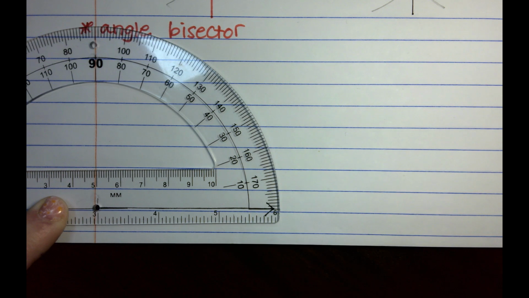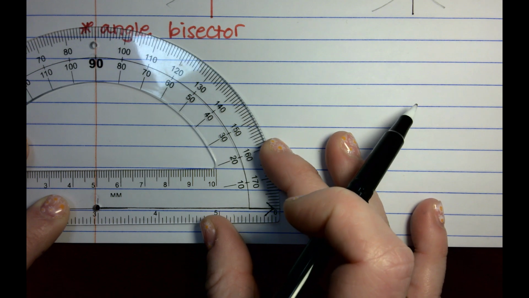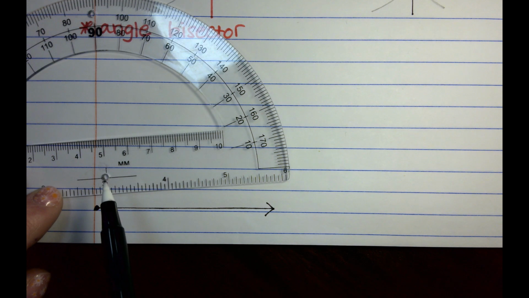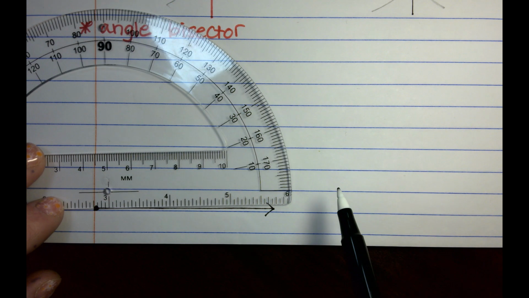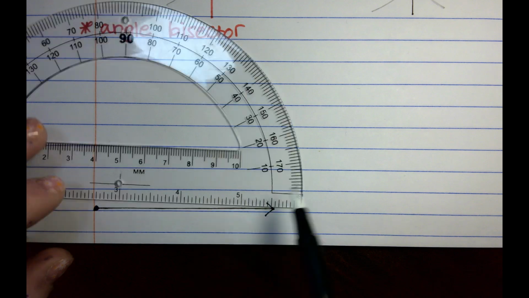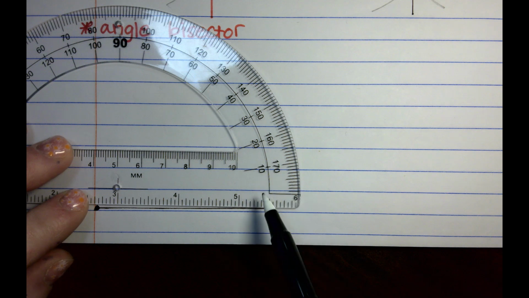Now, these protractors are not super accurate, okay? You want to go by where this line above the 3 is; this would be our 0.